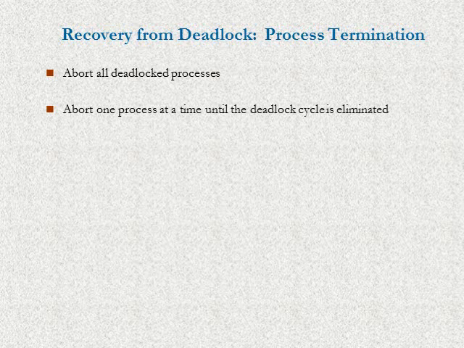Of all the processes that are involved in a deadlock, we pick one and terminate it and see what effect we get on the whole cycle. If the deadlock cycle is eliminated, then we may move on to the usual performance. However, if the deadlock is still there, we move on to the next process that is involved in this deadlock and try to terminate it as well.